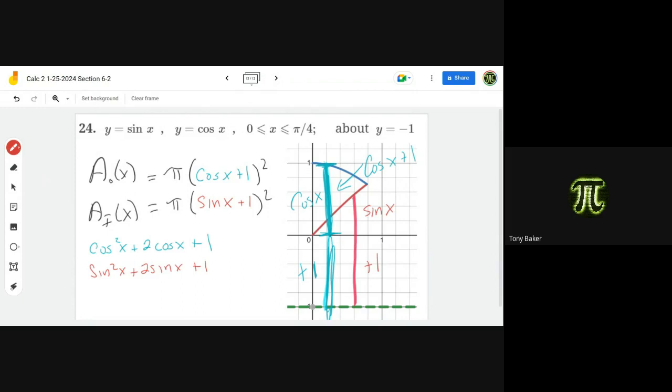That's not what I wanted to do. All right, so make up my integral.